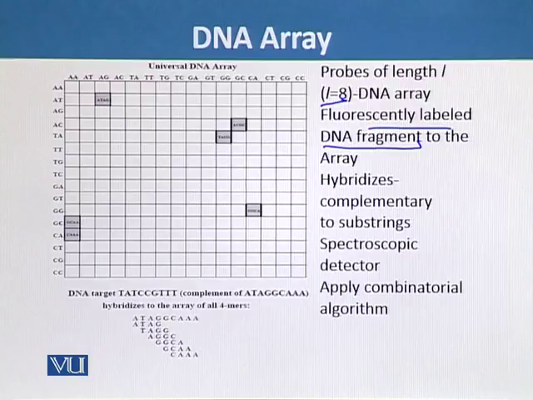The DNA fragment hybridizes with those probes that are complementary to substrings of length L of the fragment. Then, because we are using a fluorescently labeled dye, we can detect it with a spectrophotometric detector, which determines which probes hybridize to the DNA fragment to obtain the L-mer composition of the target DNA fragment.